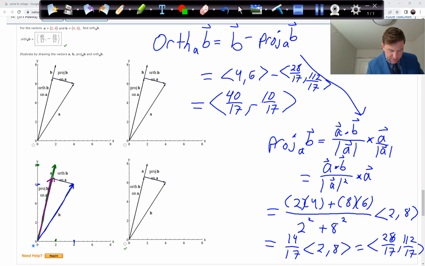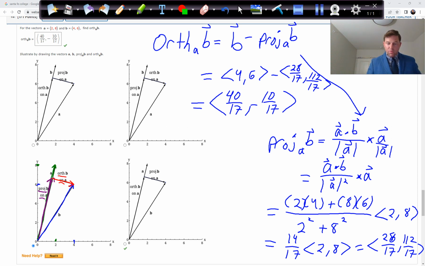That's the projection of B onto A. Now the orthographic projection of B onto A is going to be the vector that's perpendicular to A and it goes to B. So let's do that in red. It would be this line right here. That's the orthographic projection of B onto A.